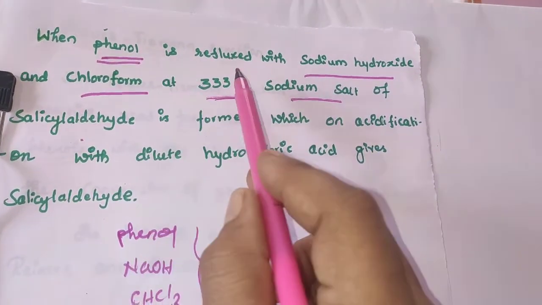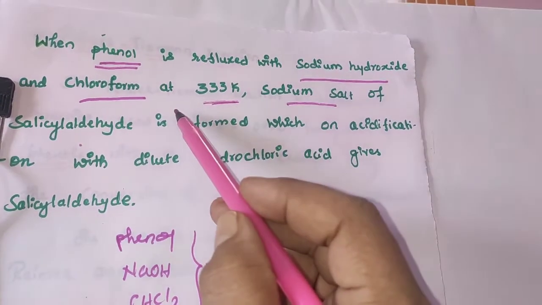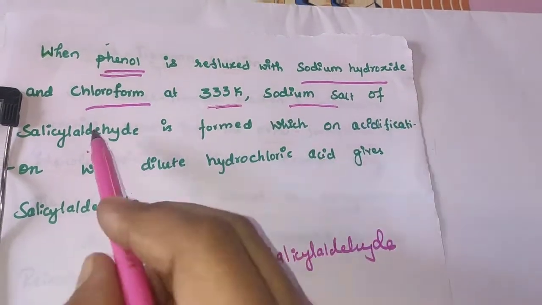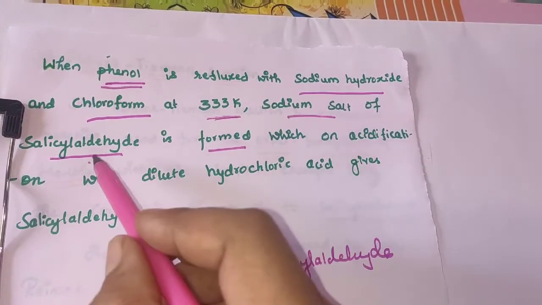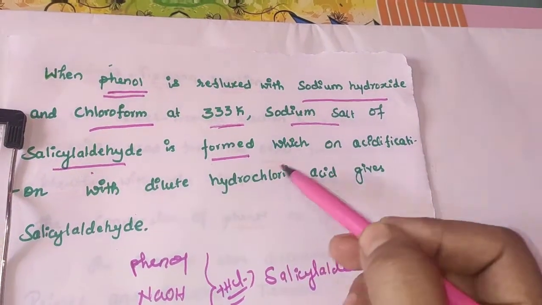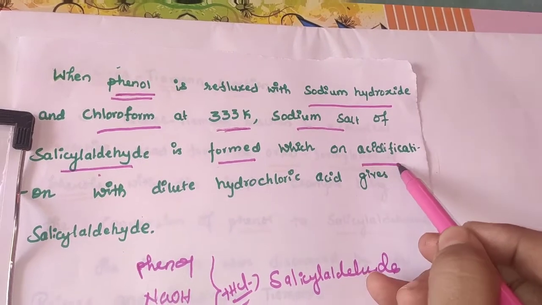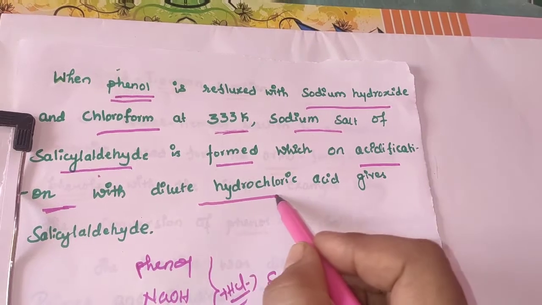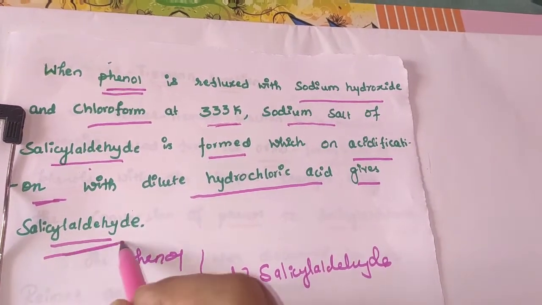When phenol is refluxed with sodium hydroxide and chloroform at 333 Kelvin, the sodium salt of salicylaldehyde is formed. This intermediate, on acidification with dilute hydrochloric acid, gives the product known as salicylaldehyde.